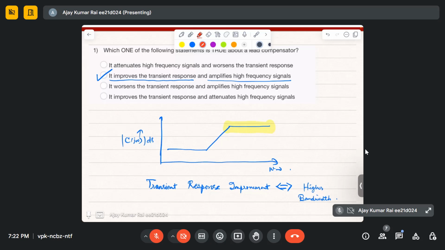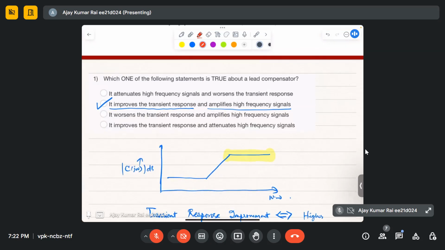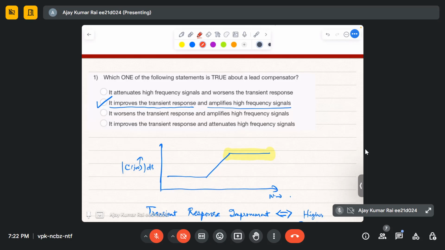That we have to check. I hope it is not before next Tuesday, so I'll be taking one more session. In this session, I'll be including a few more questions, maybe some good GATE questions or ES questions or some competitive exam questions, based on the design of the systems.